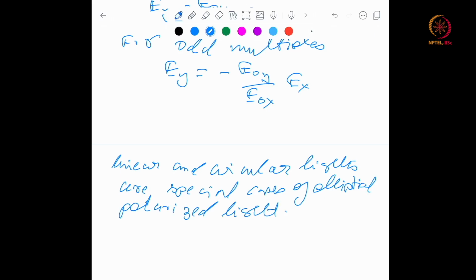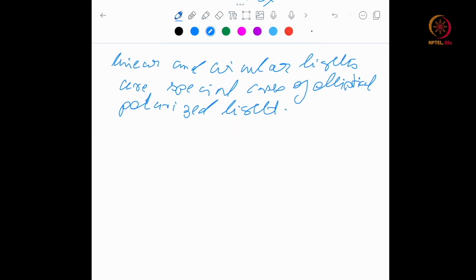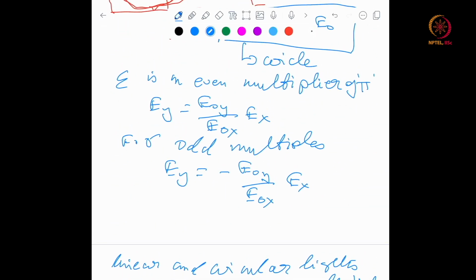So there are different configurations, different types of ellipses that you can actually have. You should also see that, in this particular example, these are both straight lines, and their slopes are plus or minus E0y by E0x.